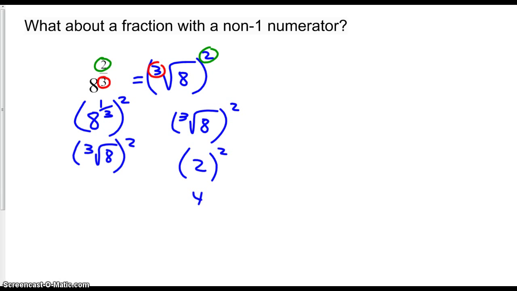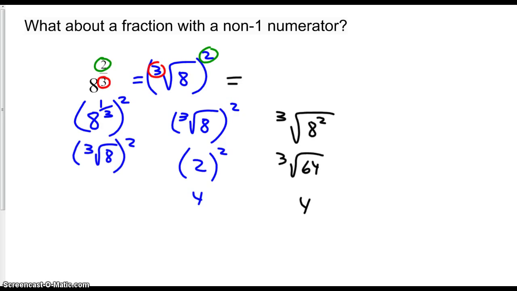So I want you to see something else, too. If I were to write it this way, the cube root of 8, but instead of taking the cube root first and then squaring it, what if I squared the 8 first and then took the cube root? Well, that would be the cube root of 64, and the number that multiplies by itself 3 times to give me 64 is also 4.